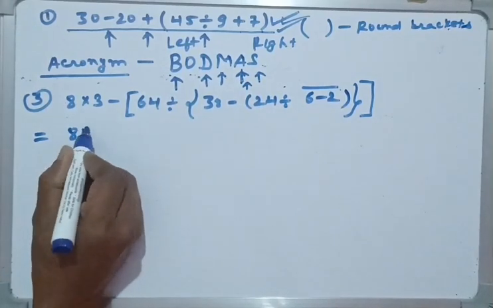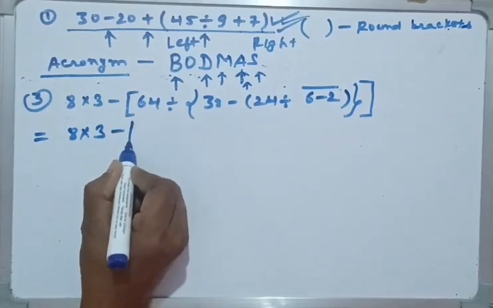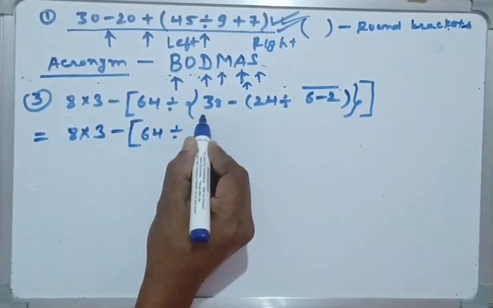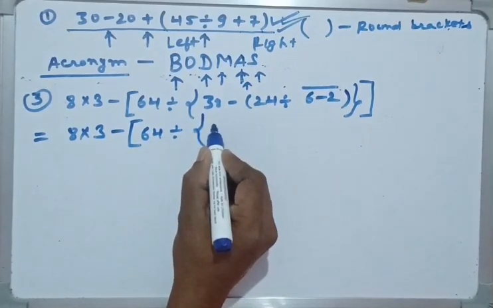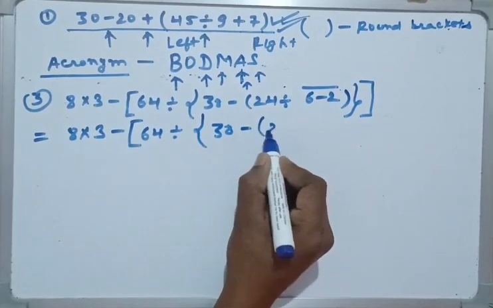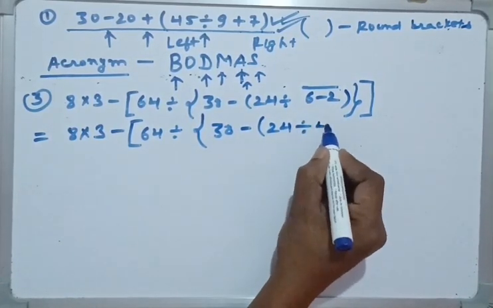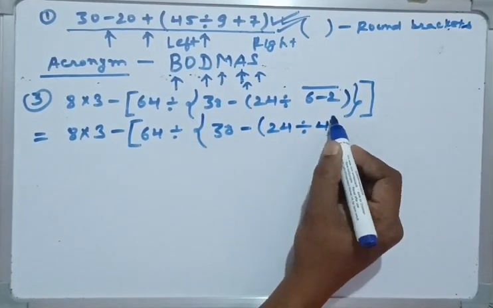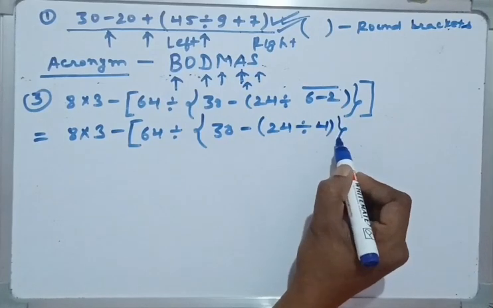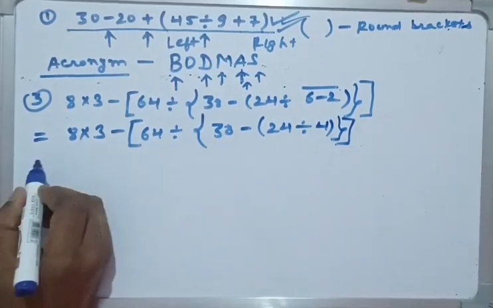You can rewrite it as 8 multiplication 3 negative sign, left square bracket 64 division, this left curly bracket 38 negative sign 24 division 6 minus 2 equal to 4. And we remove the bar, then again this curly bracket is closed and this square bracket is also closed.